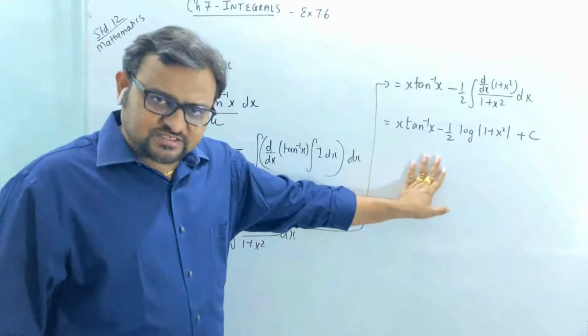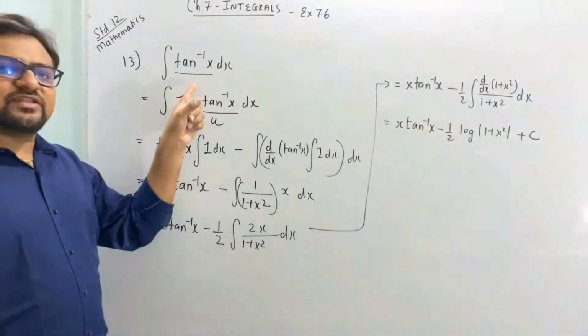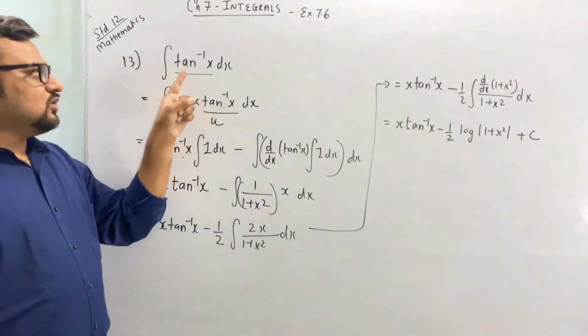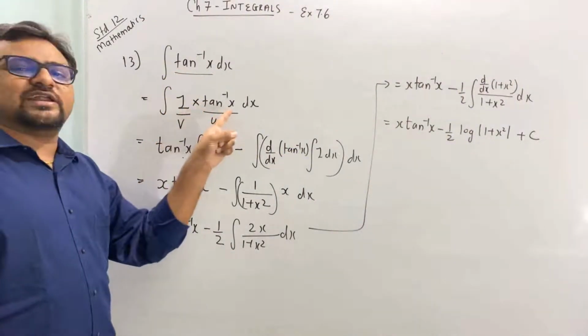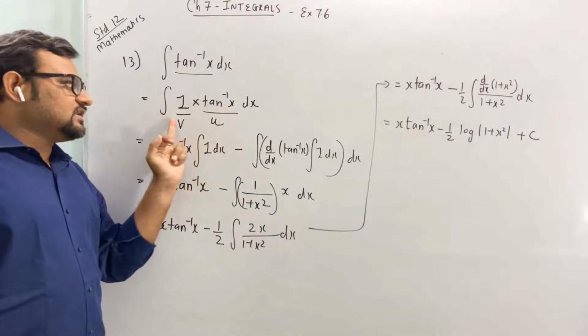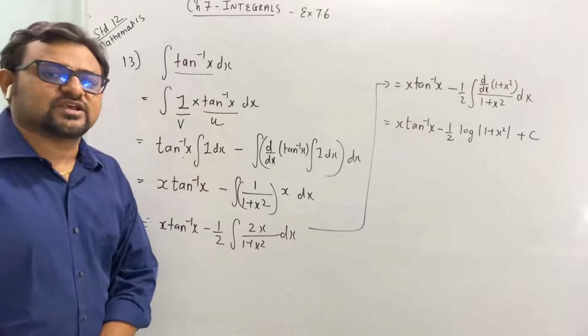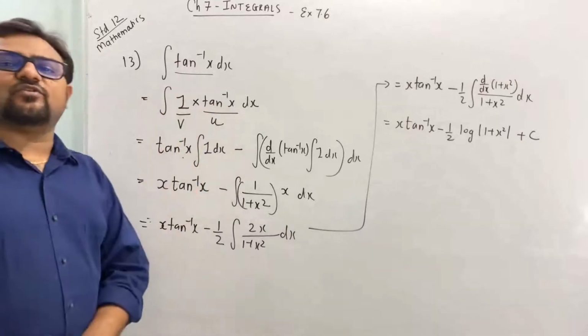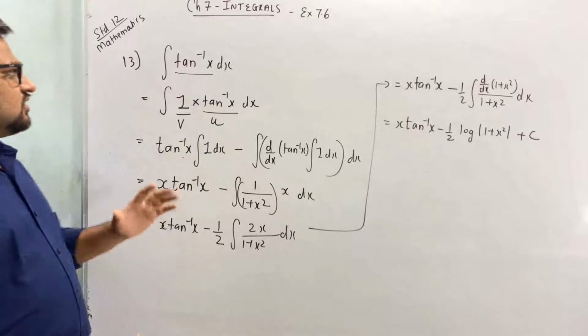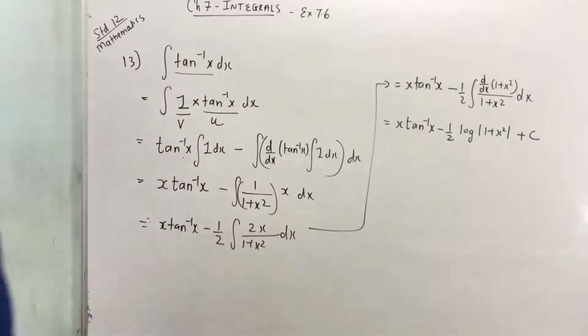This is your answer. Remember one important thing that we had done in this term: as there was only one thing, we had written it as 1 into tan inverse x. So 1 we have taken as v and tan inverse x we have taken as u, and then the same formula. Okay, so just go through this question.